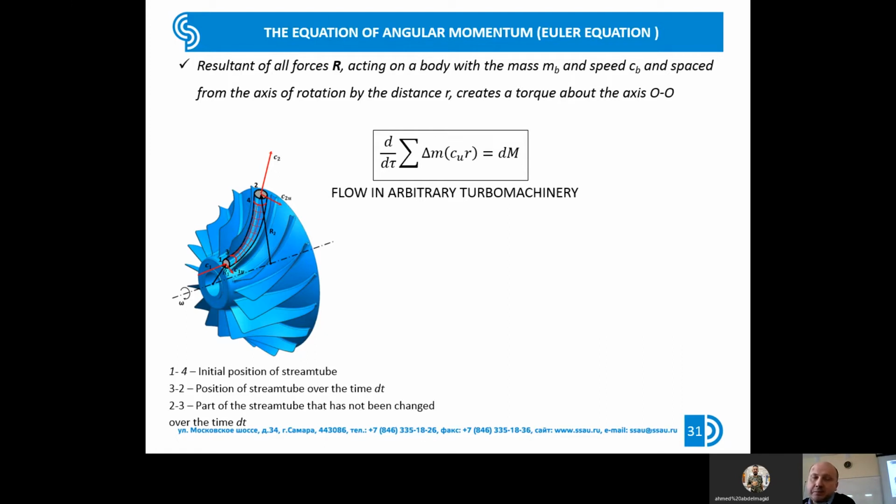So let's split the whole big continuous flow into a great number of small tubes. This is an example of a flow tube.